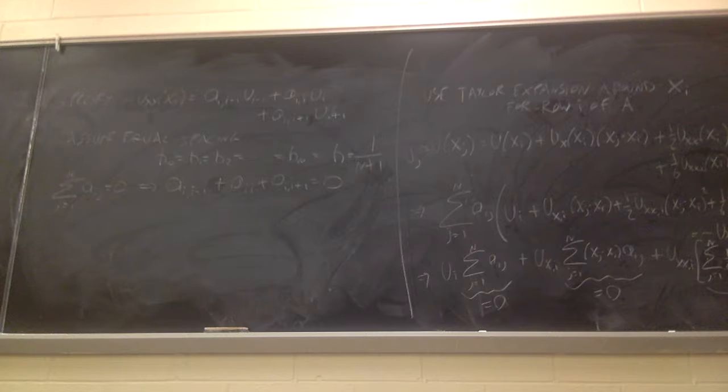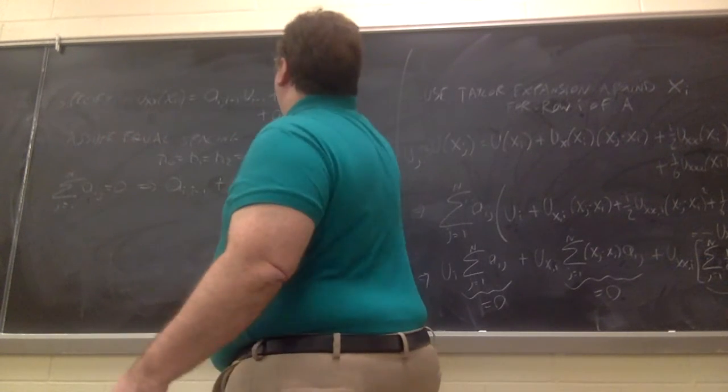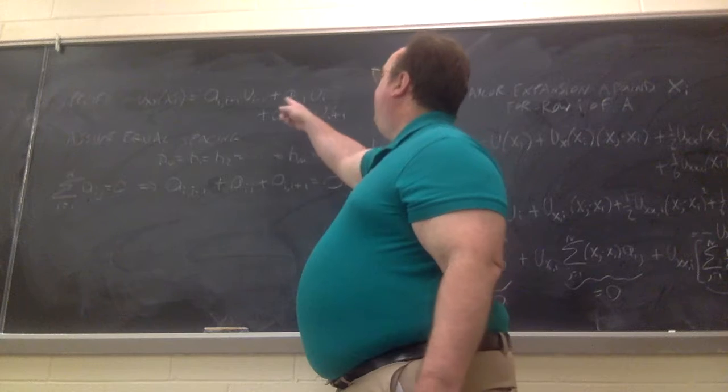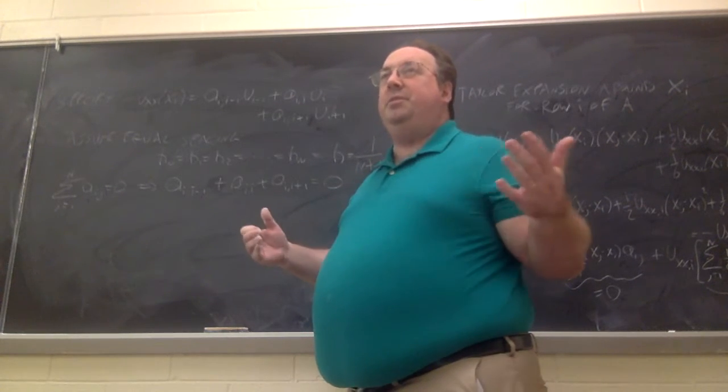In fact, anytime you're approximating a derivative using this approach, you're expressing the derivative at a certain point as a linear combination of surrounding values, and the sum of your coefficients is always going to be 0. And I can explain why. Since this is my expression for my approximate derivative, suppose u is a constant function, just some uniform value u.